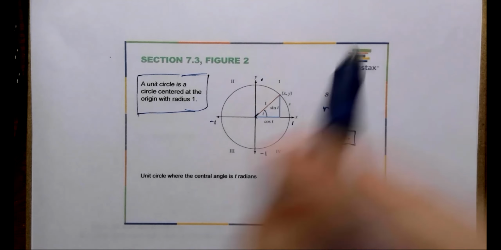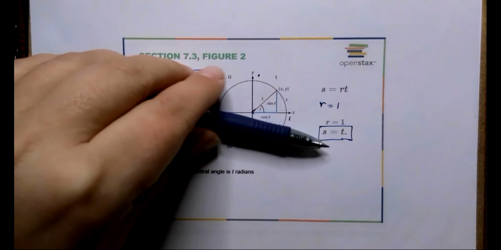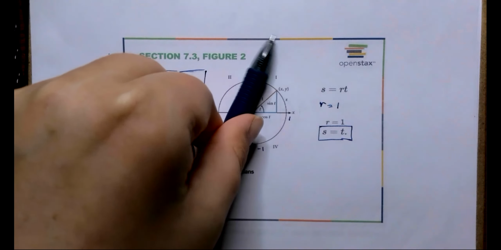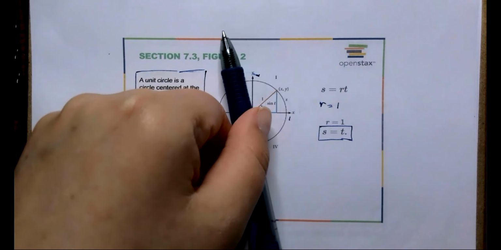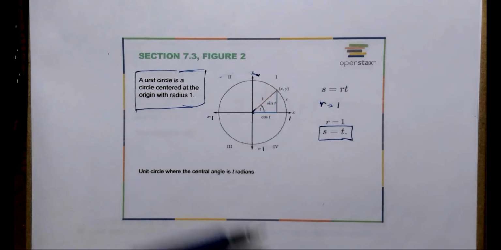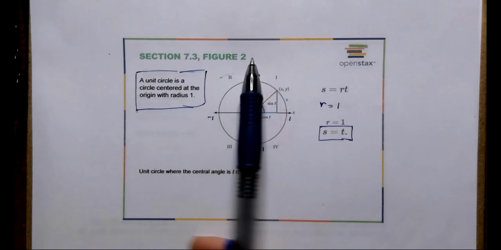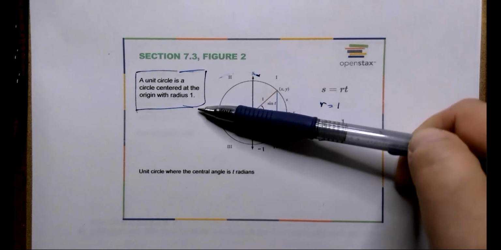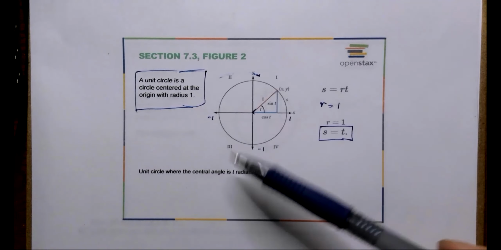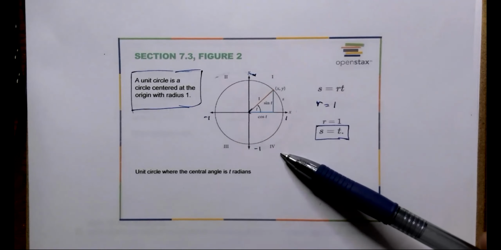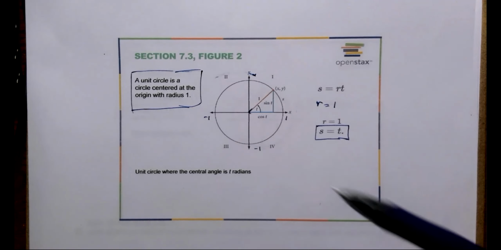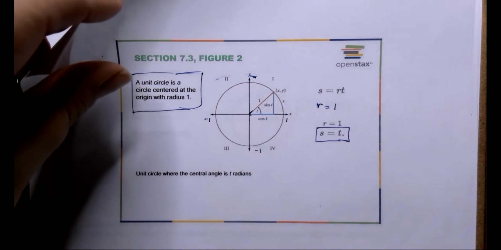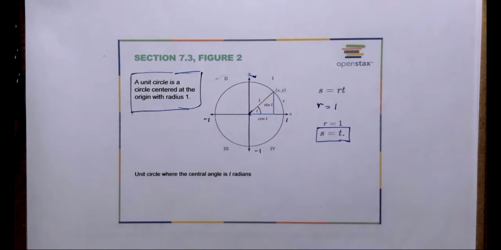The quadrants are labeled in the order in which our angles rotate, the positive direction of the angles, right? So the first quarter is quadrant 1. The second quarter is quadrant 2, and then we have quadrant 3 and quadrant 4. All right, let's move on to the next slide.